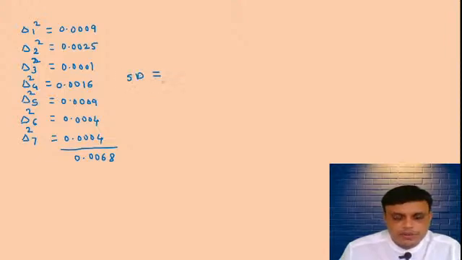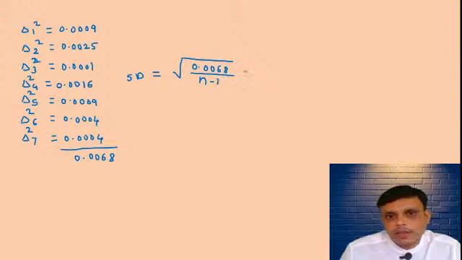So SD is equal to summation of all the square, कितना है हम लोगों का? 0.0068 divided by n minus 1. तो 0.0068. n is 7. 7 minus 1.